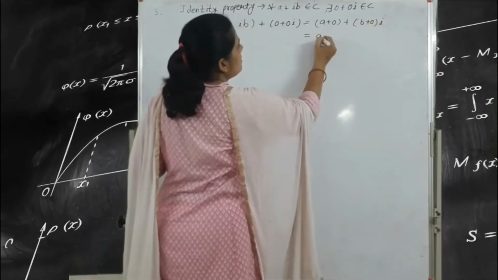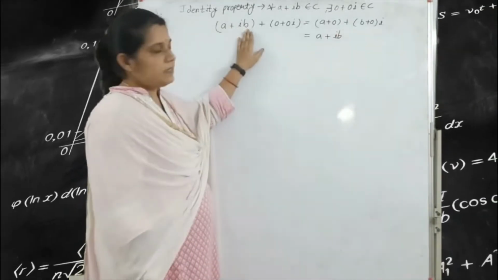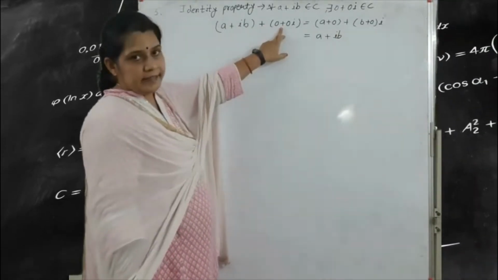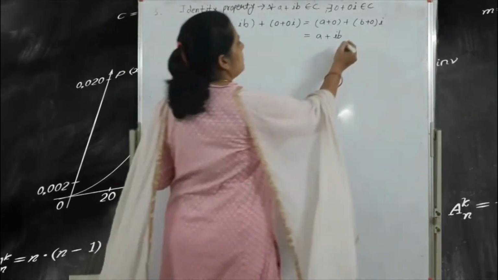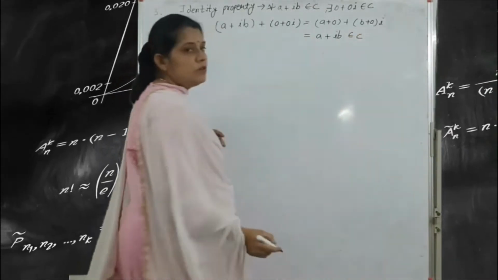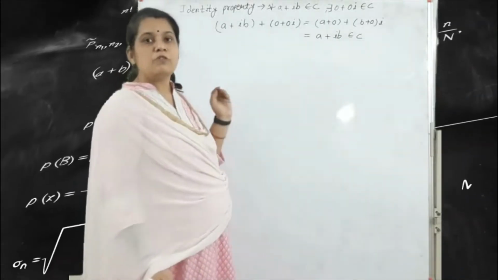That means a + ib. So if we add the identity element to a + ib, we get the element itself. That means a + ib also belongs to C. So this satisfies the identity property with respect to addition.